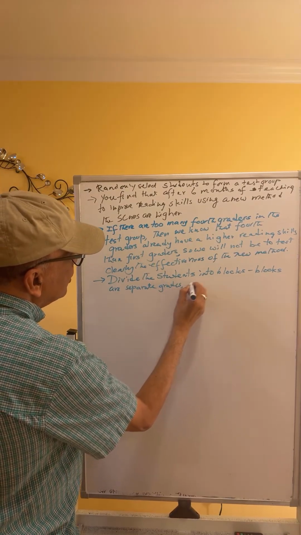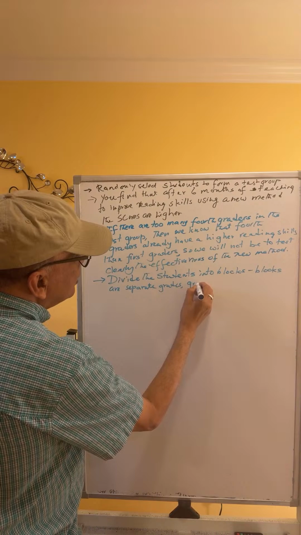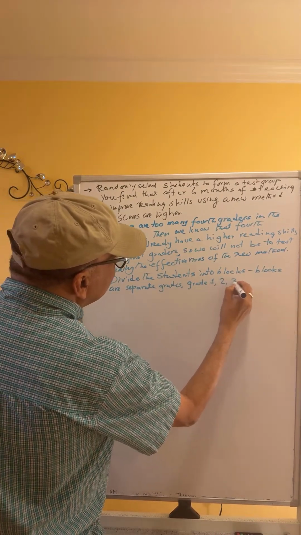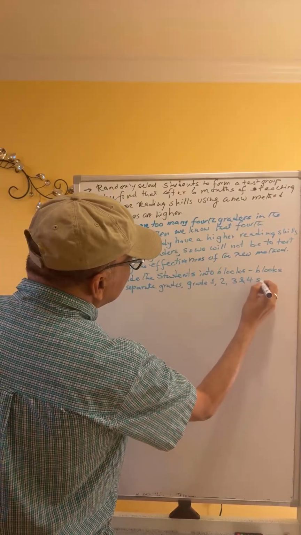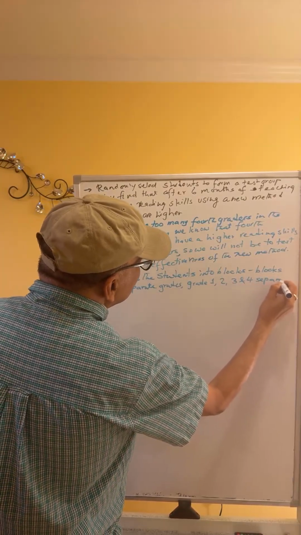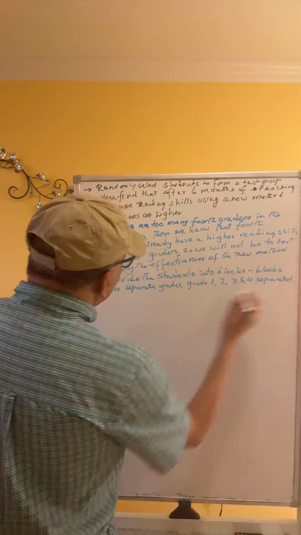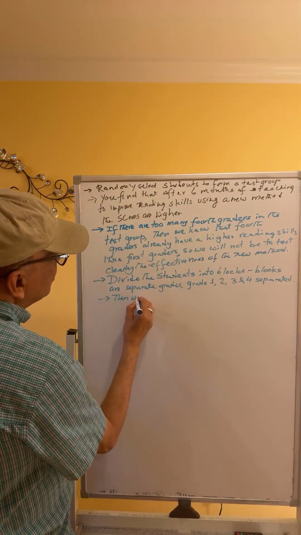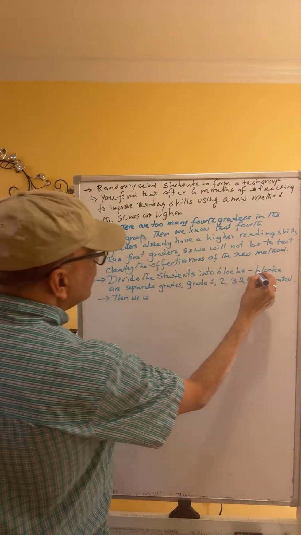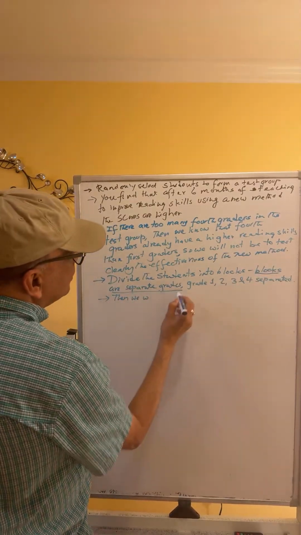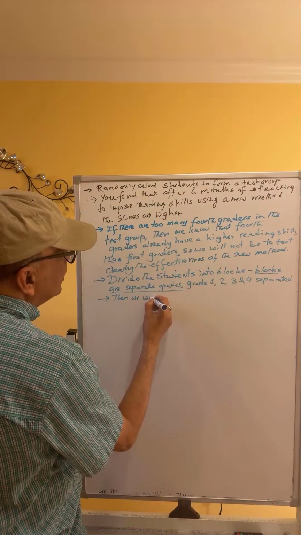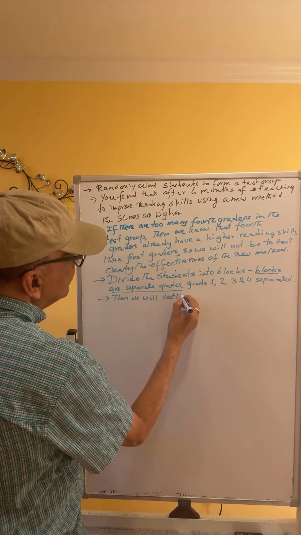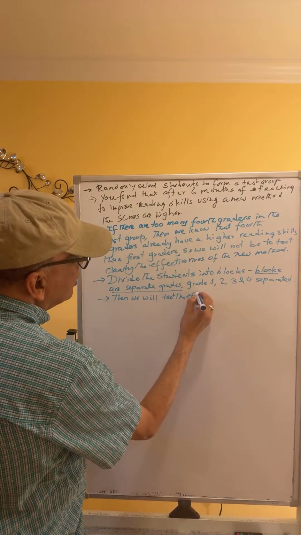So we have grade 1, 2, 3 and 4 separated. Then we will test. So the blocks are the separate grades. Okay. Then we will test the effectiveness of the new method in each block.